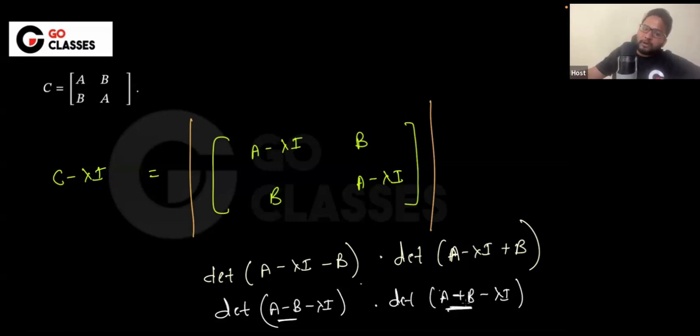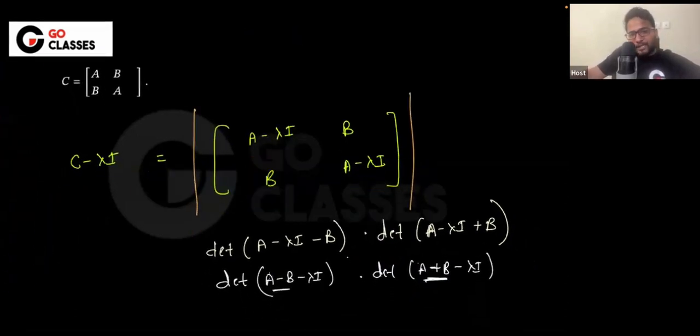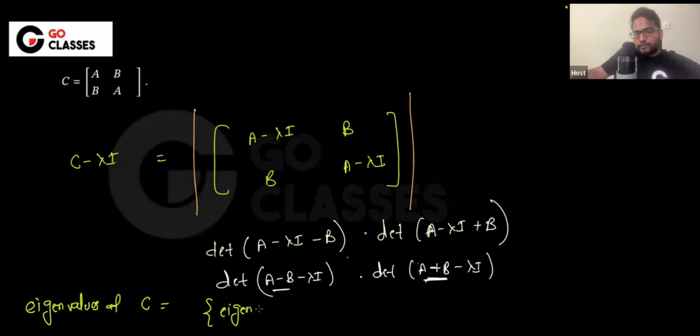Now what can you say about the eigenvalues of C? Isn't it the same as the eigenvalues of A minus B and the eigenvalues of A plus B? So the eigenvalues of C are equal to the eigenvalues of A minus B and the eigenvalues of A plus B.